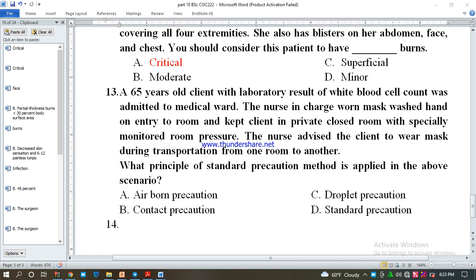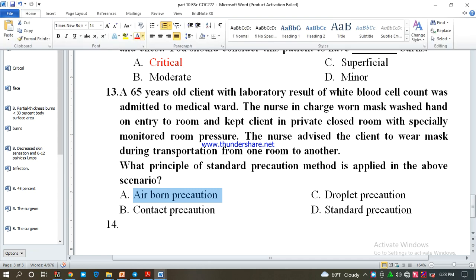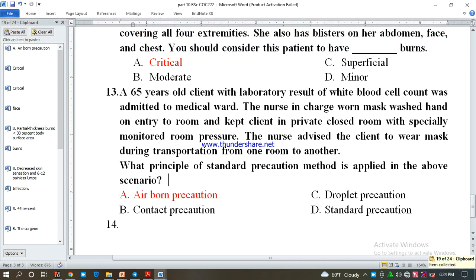So the correct answer is airborne precaution, which best describes our question.